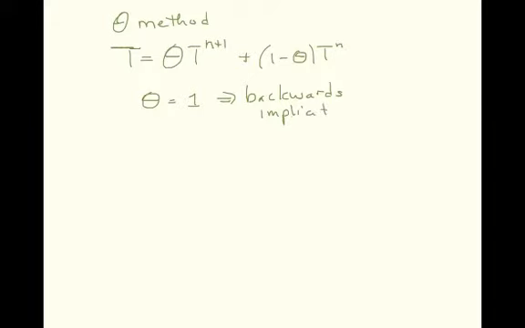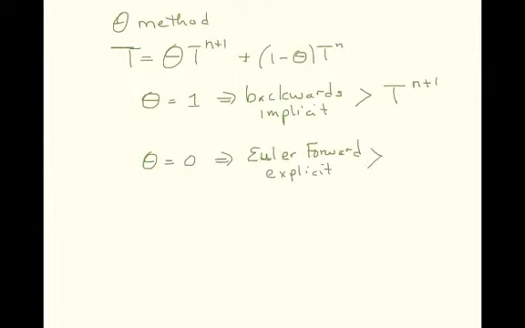If theta is equal to 1, that will give us a backwards implicit scheme. So basically what happens when theta is equal to 1? It's all based on Tn plus 1. When theta is equal to 0, that will give us an Euler forward scheme, which is explicit.